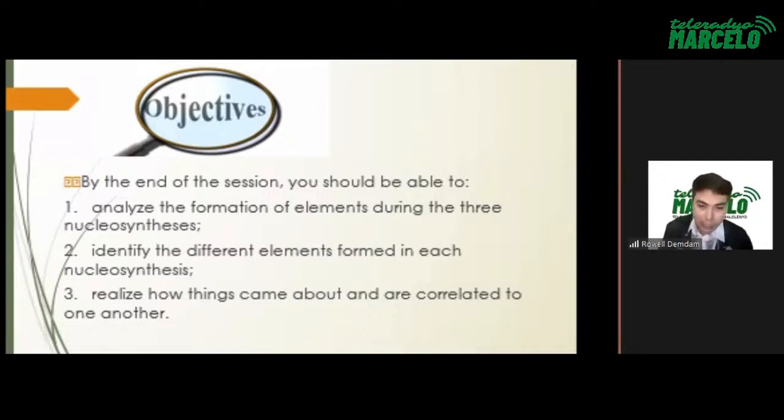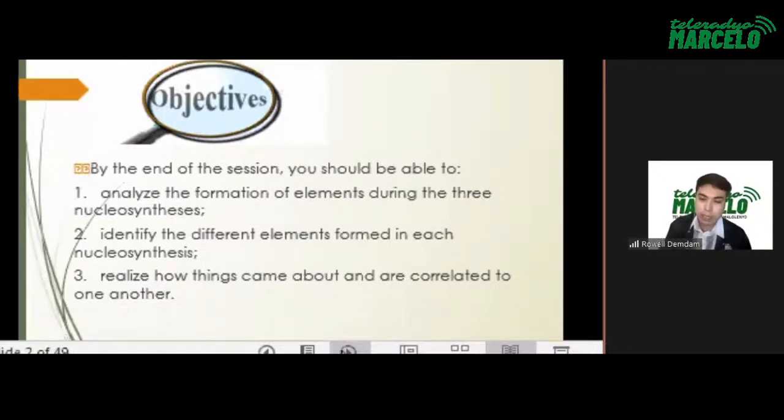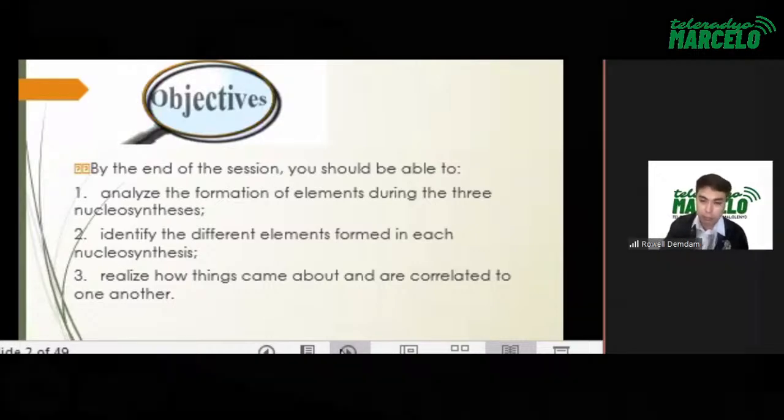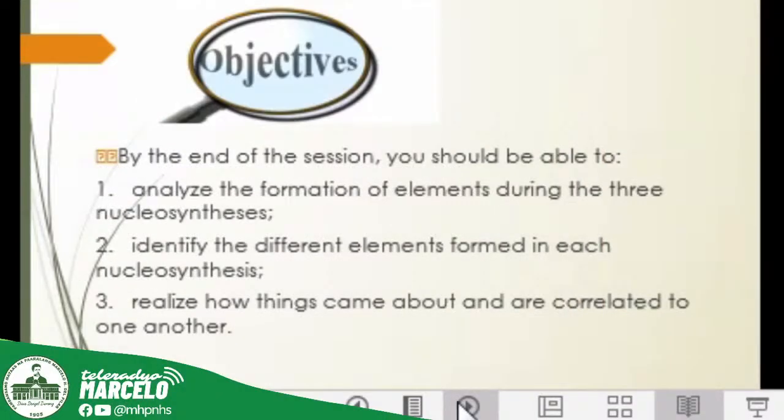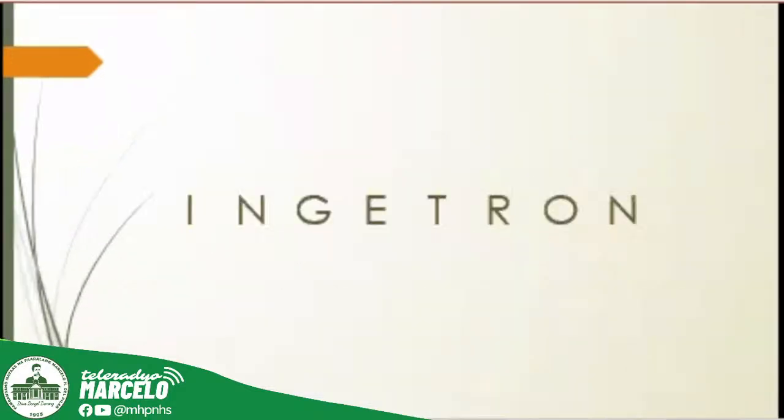In your chemistry class, you learned what elements are, and an element is a pure substance that cannot be broken down by chemical means. And to refresh your memory, let us have this activity. You are going to arrange these jumbled letters, flashed on the screen, to form the name of an element.